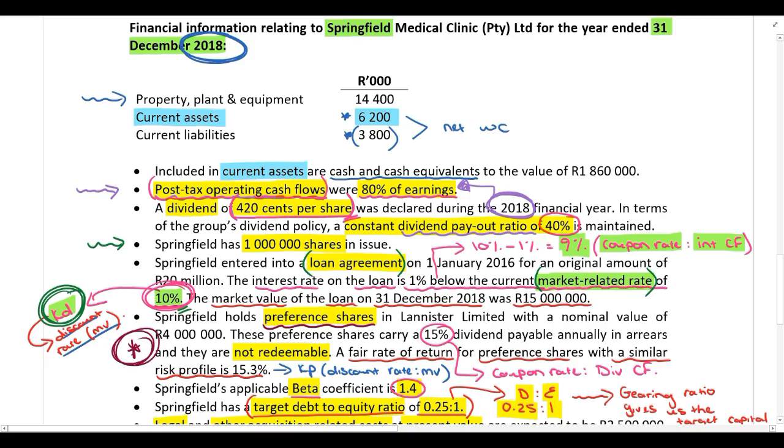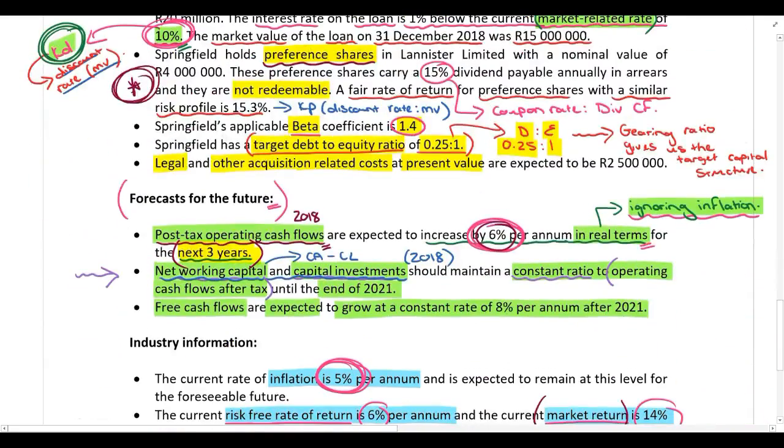Then, we know that a constant ratio must be maintained. So we calculate what the ratio is, and using that ratio, we can predict what the future cash flows will be for the next 3 years until the end of 2021, because we know that a constant ratio will be maintained until the end of 2021.